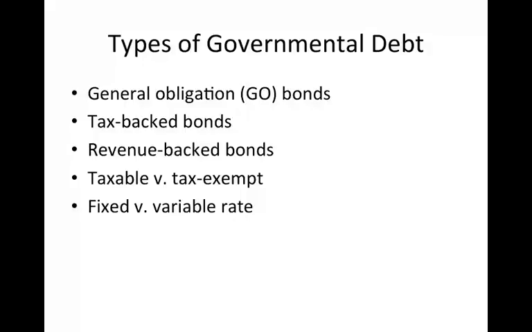It's kind of like a rate lock on a mortgage, and they found that that was actually cheaper than selling fixed rate debt at the rates that were available at that time.